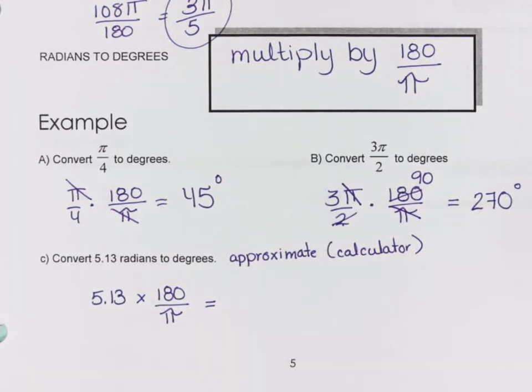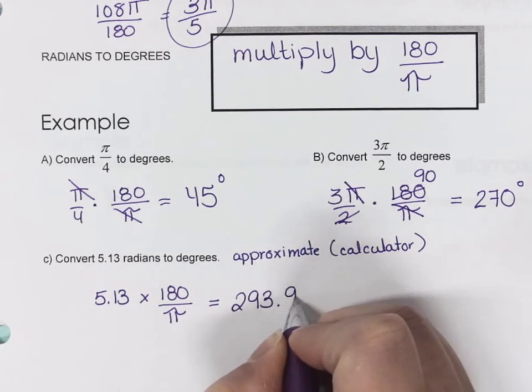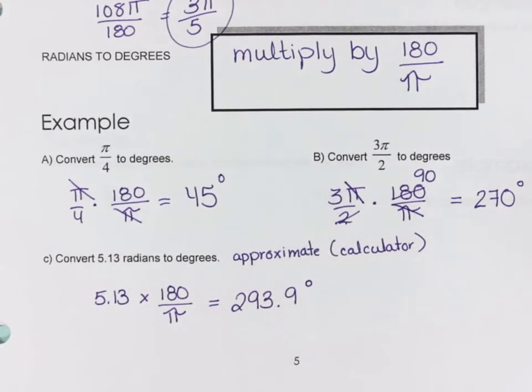Don't forget to use your pi button. What are you going to do first, multiply or divide? Does it matter? No. I'm going to multiply first. So we get 293.9 degrees.